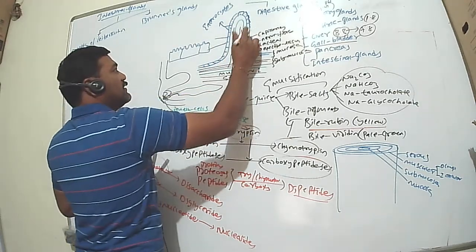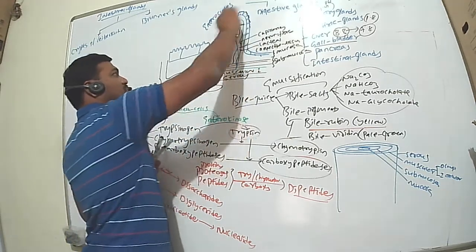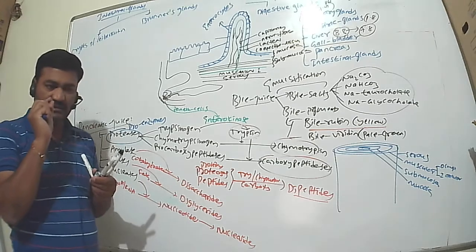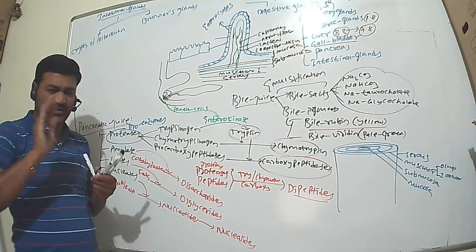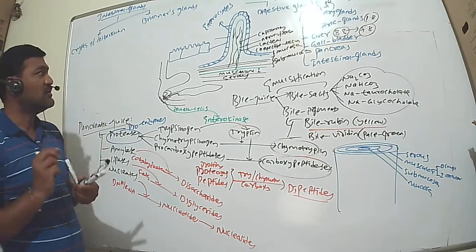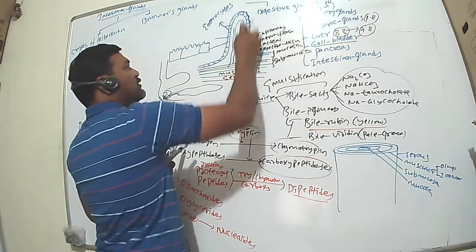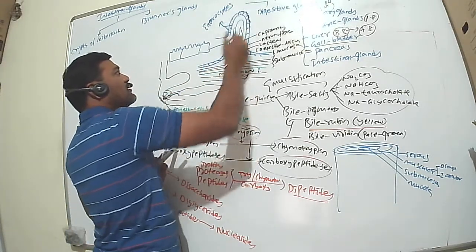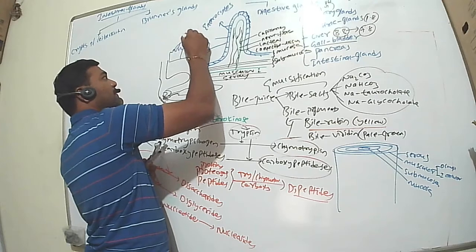So this is the villi, and this is the microvilli. When you look at the surface, the microvilli look like the bristles of a brush, very soft, with a velvety texture. That's why it's called a brush border. The border of the villi is called the brush border because of these microvilli.